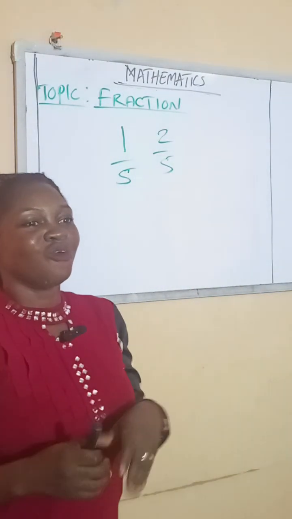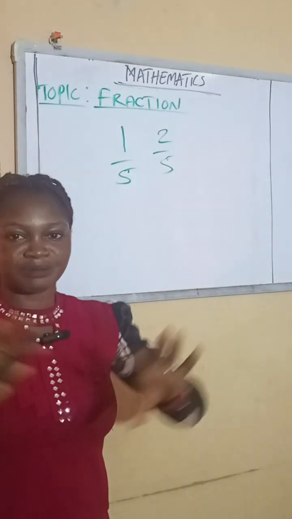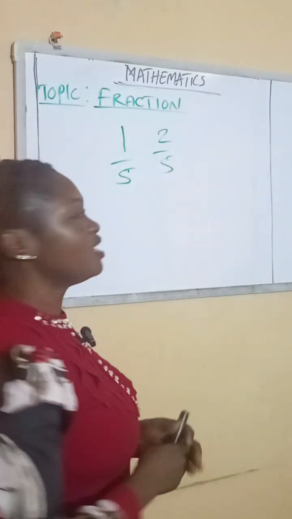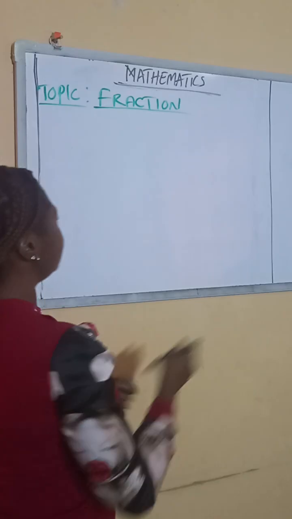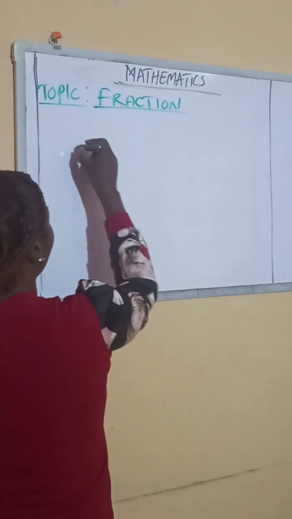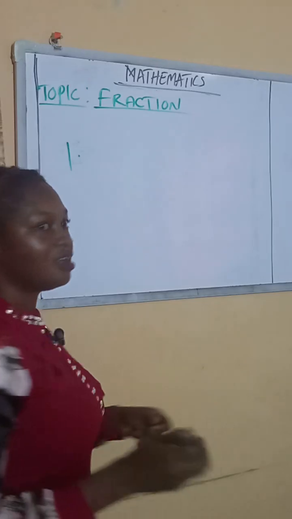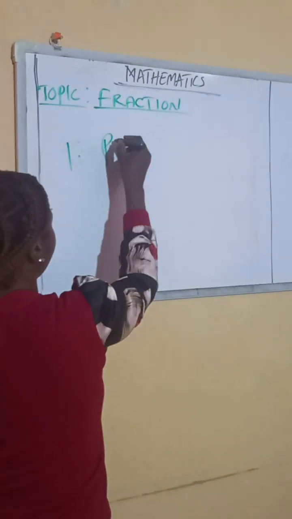So I think we have understood up to this stage. Now, I want us to know the types of fractions that we have. We have 3 types of fraction. One of them is a proper fraction.